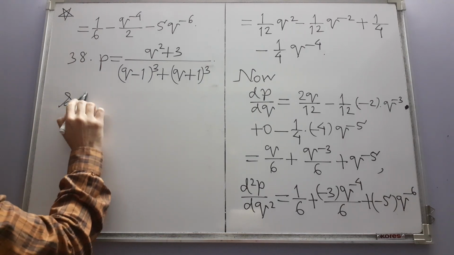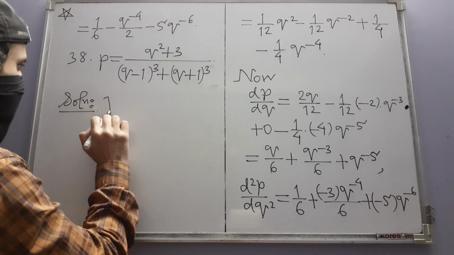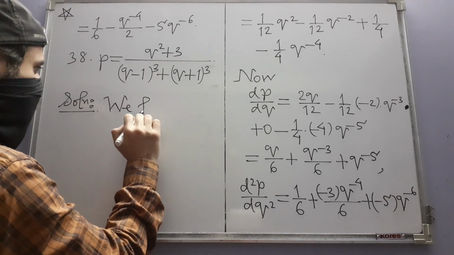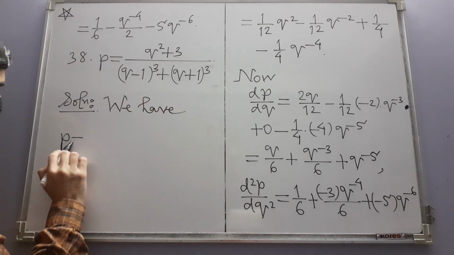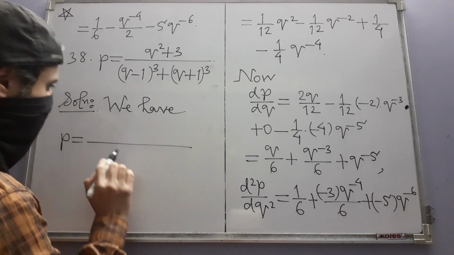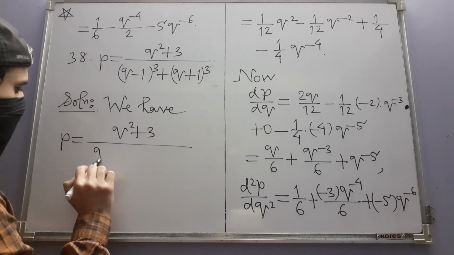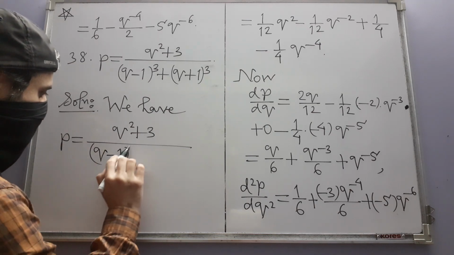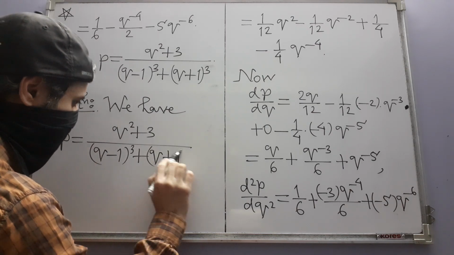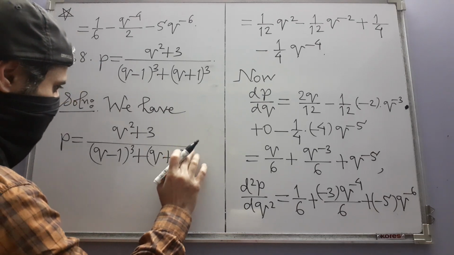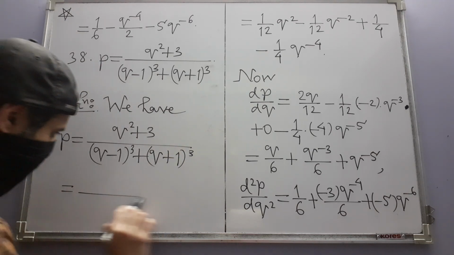Okay, so let's see what type of simplification we can possibly have here. Q square plus 3 divided by this. So we will have some cancellations, but will that ultimately give us anything simple? That's the question.